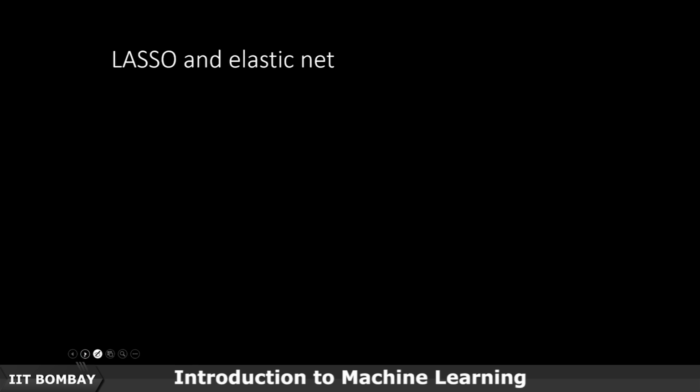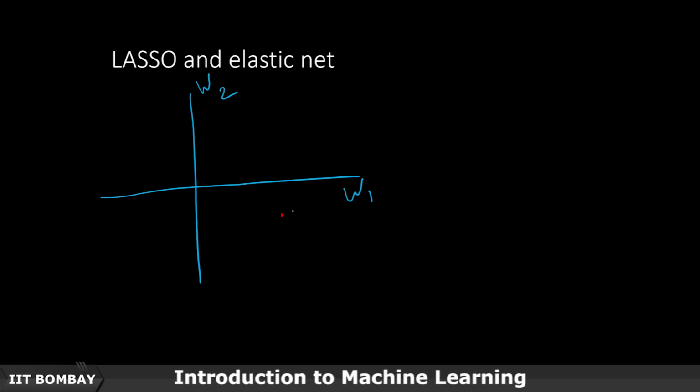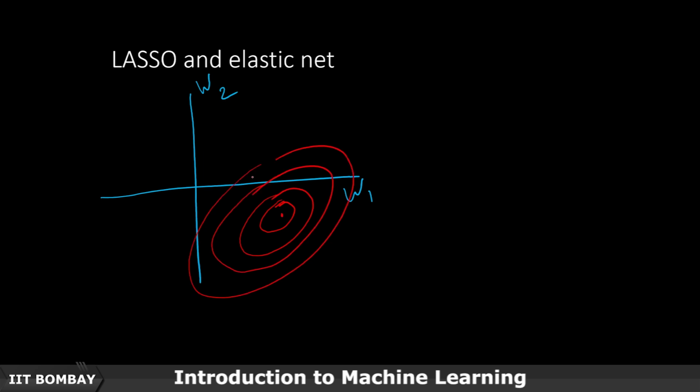And finally, let's look at some tightly linked models, the embedded models. We already know what lasso is. In lasso, we are looking at W1 and W2 space. Let's say there are two variables, right? If we didn't have any penalty and were just minimizing, let's say, mean square error in regression, we may get contours of mean square error that look elliptical like this.